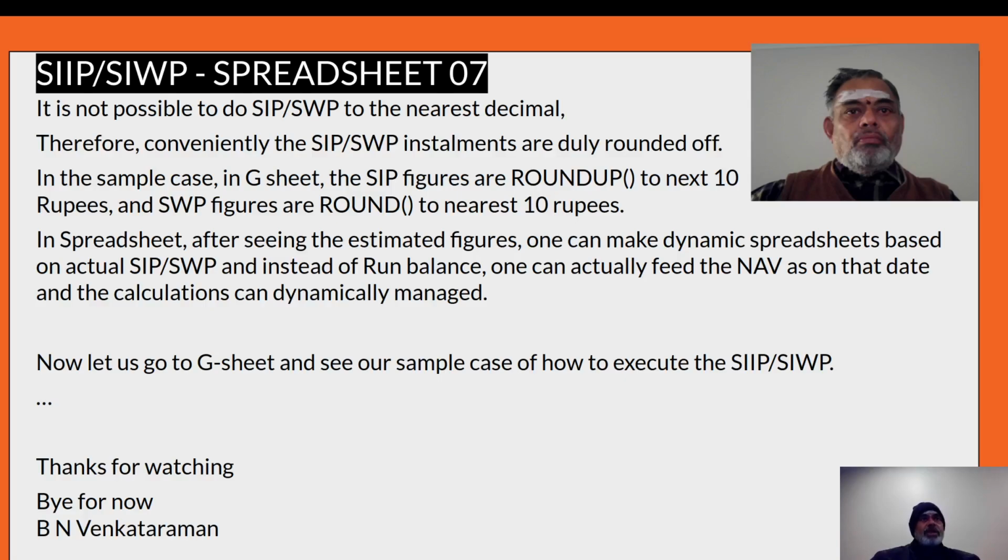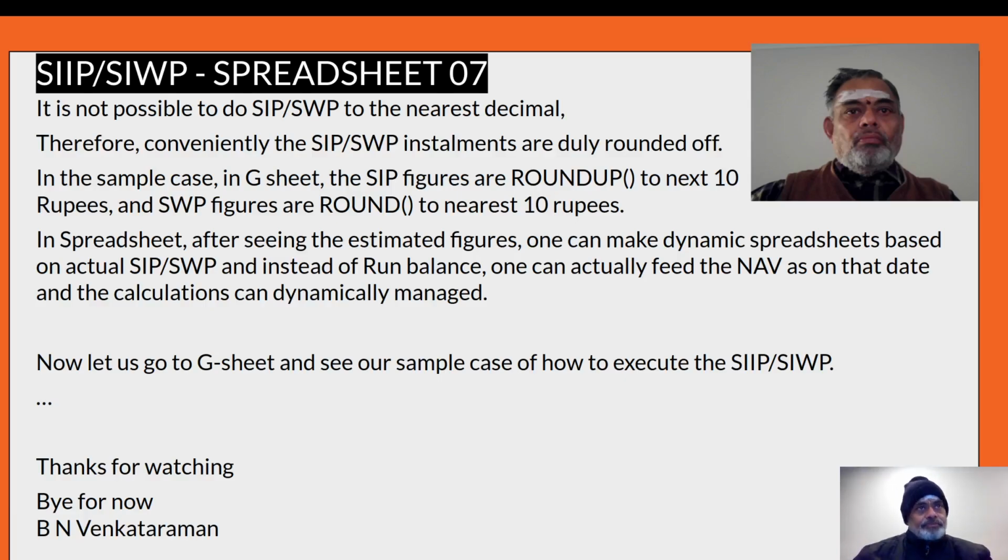It is not possible to do SIP, SWP to the nearest decimal place as we arrived at in our calculation. Therefore, conveniently, the SIP, SWP installments are duly rounded off. In the sample case, in Google Sheet, the SIP figures are rounded up to the next higher 10 rupees, and SWP figures are just rounded off to the nearest 10 rupees.